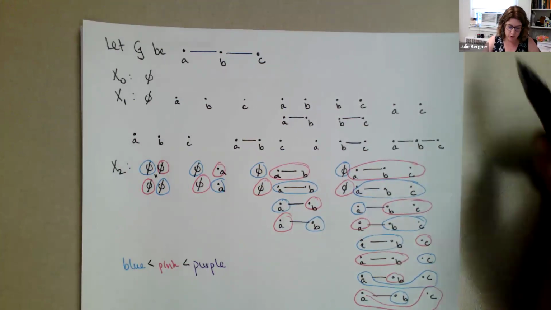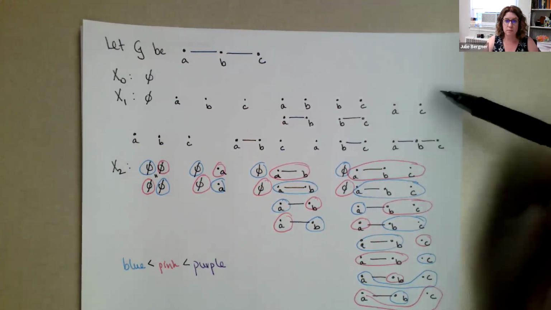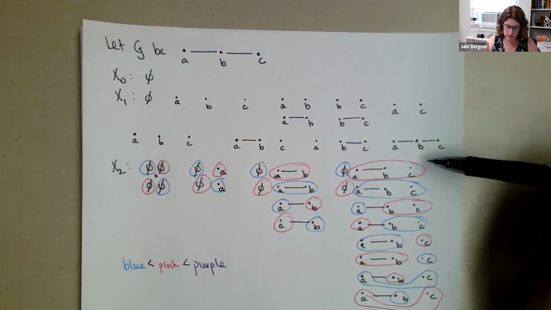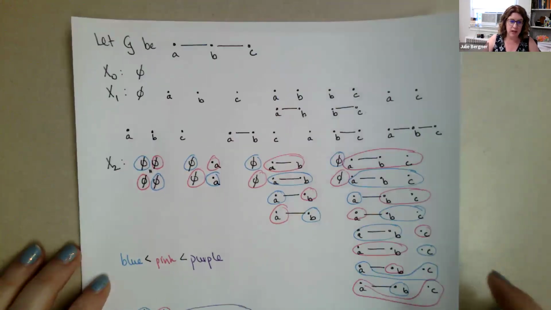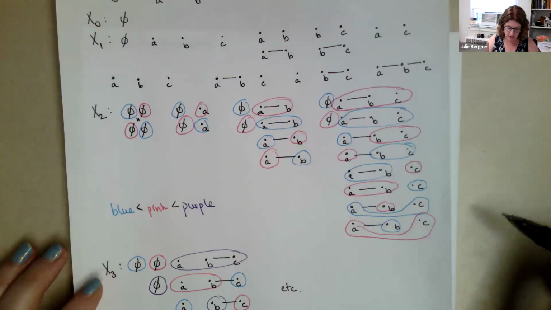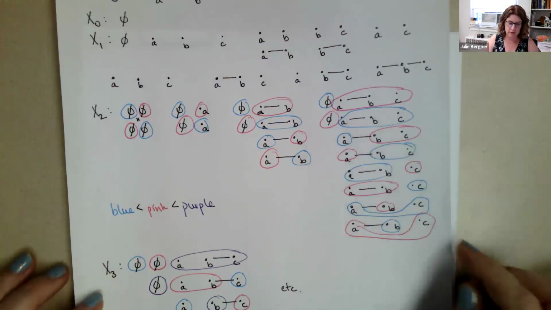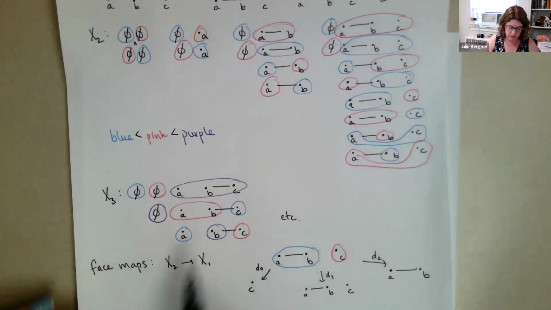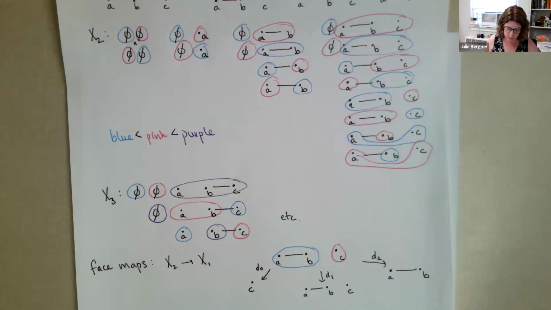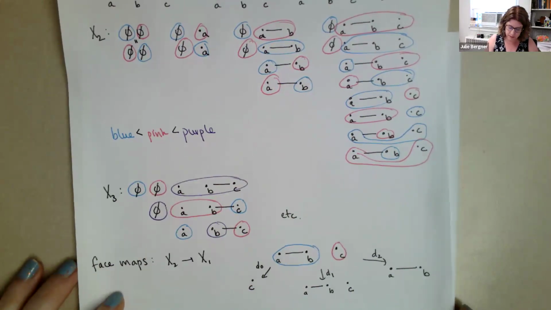I wrote out what all the one simplices would be, what all the subgraphs are, and then gave a representative sample of what's happening in X2, and still more vaguely what happens in X3, since the number of simplices blows up pretty fast, even for a small graph like this.